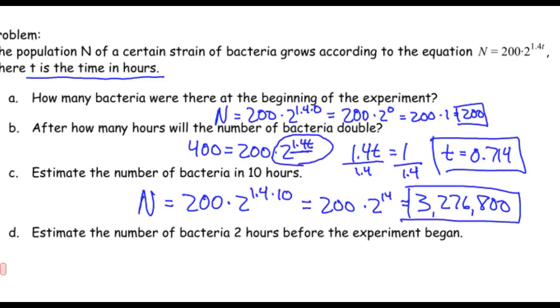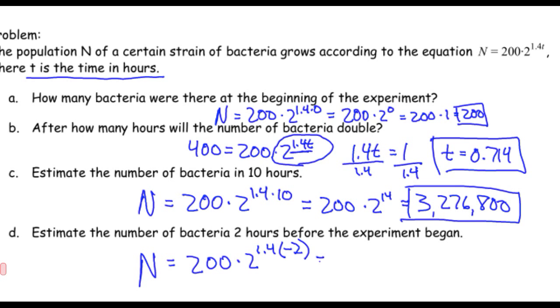And then lastly, estimate the number of bacteria 2 hours before the experiment began. That's kind of a fun one. So we want the number 200 times 2 to the 1.4T. Now our T this time is 2 hours before the experiment began. Can I do that? Sure. Why not do it as -2?